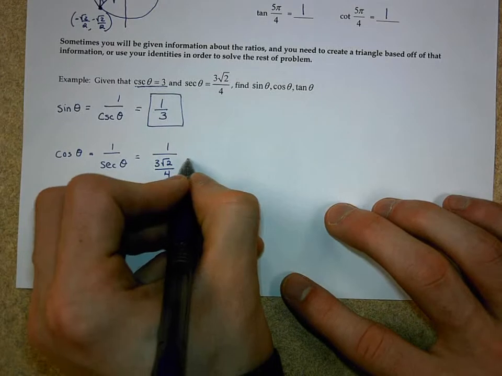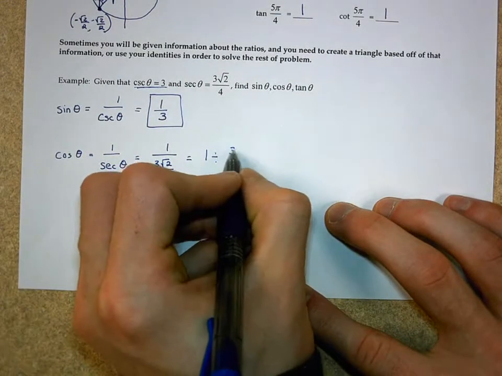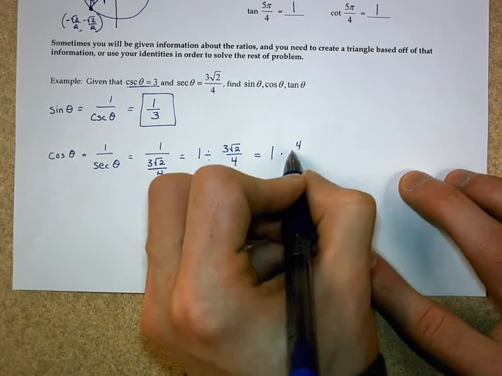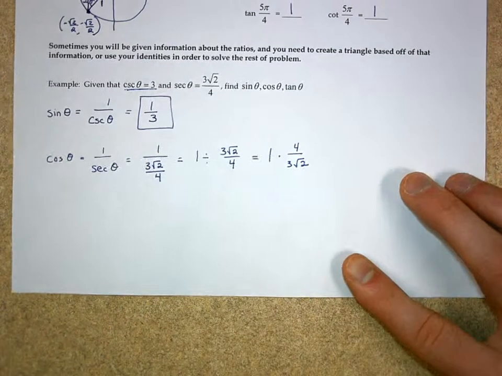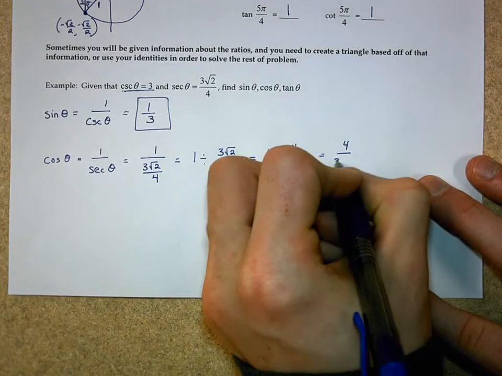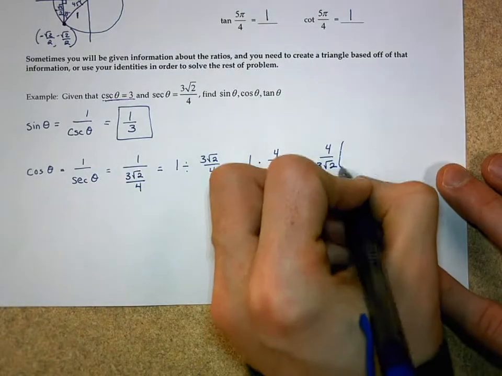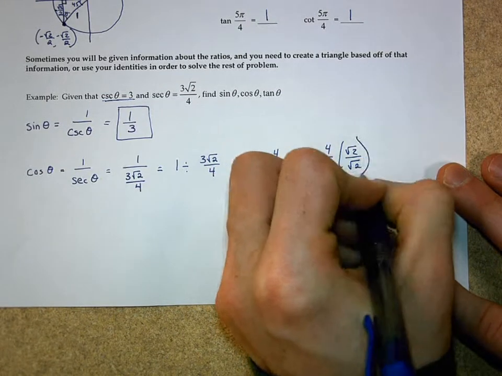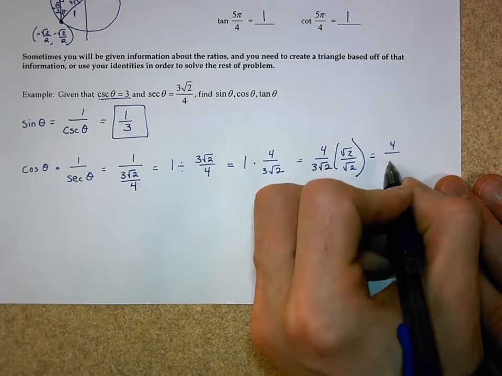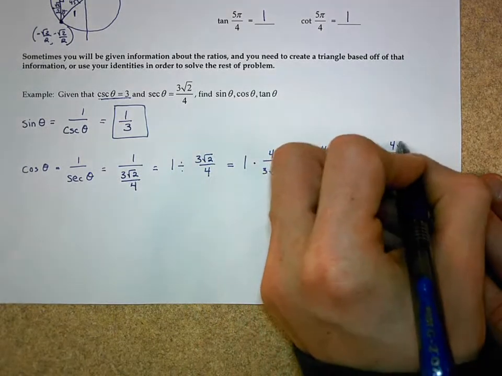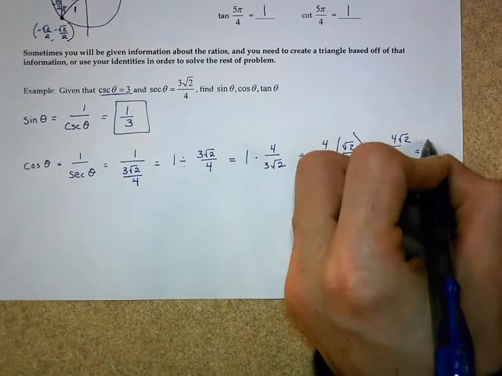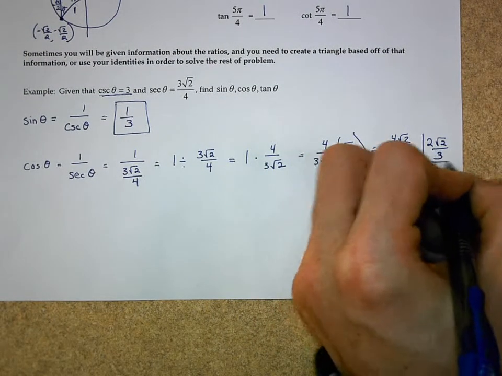So really what this is saying is 1 divided by 3 square root of 2 over 4, which is the same thing as 1 times 4 over 3 square root of 2, which is 4 over 3 square root of 2. And then finally we rationalize our denominator, which is going to give me 4 times the square root of 2 over 6. And then the 4 and the 6 cancel down to 2 square root of 2 over 3.